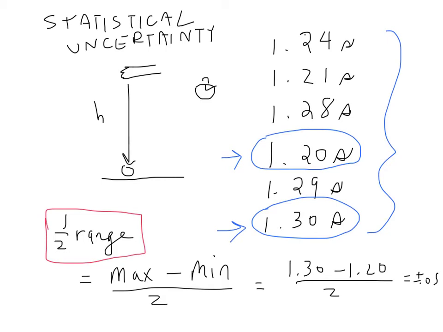We have to be able to tell scientists, other people who look at our data, yes, I measured it as 1.28 seconds this time, but it could have been as low as 1.20, and the reading also could have been as high as 1.30. So that number, 1.28, has uncertainty. The general range is from this to this.